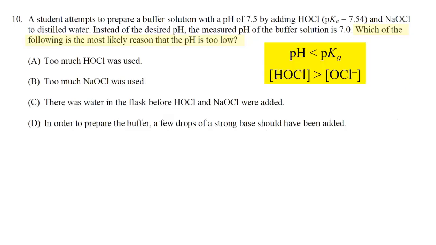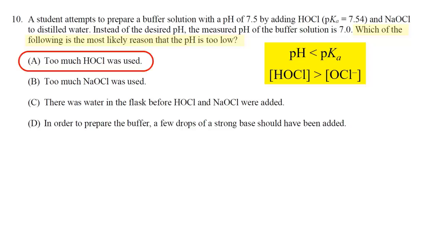But specifically, that would mean more HOCl than OCl-. So pH is less than the pKa because 7 is less than 7.5. There should be more of the hypochlorous acid, HOCl, than there is the conjugate base, the OCl- or the hypochlorite ion. Well, hopefully you can see that the correct answer would be A.